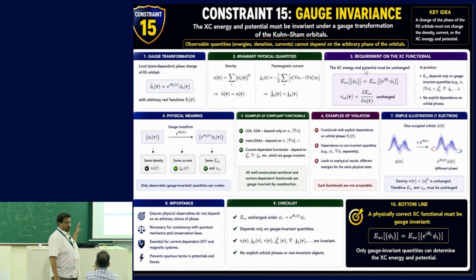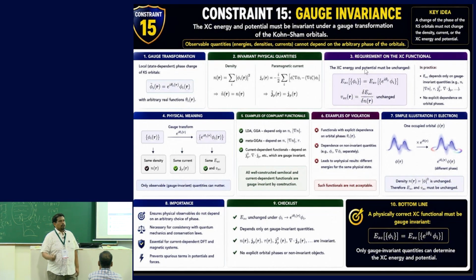No, that functional should be gauge invariant. Total energy, yes, it should be in principle, because for the total energy you are taking an expectation value kind of thing. If you calculate this, that is another thing also. We are not looking at how this expectation value is being evaluated in terms of Kohn-Sham orbitals.